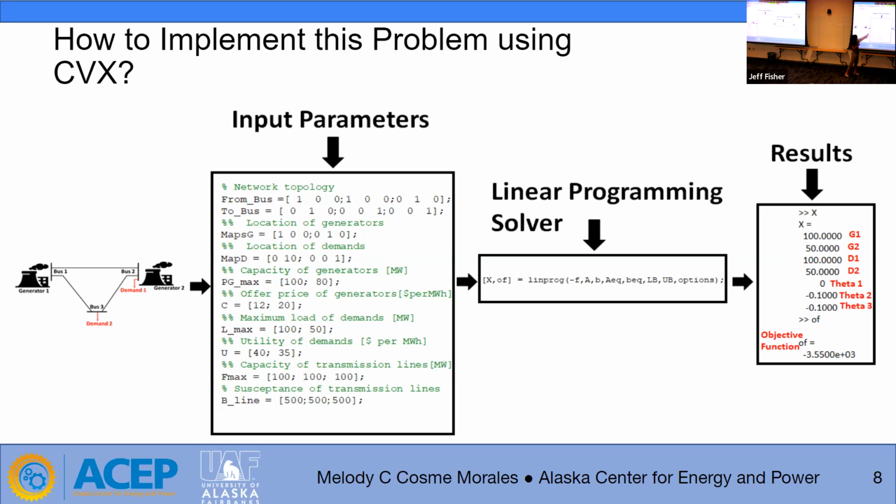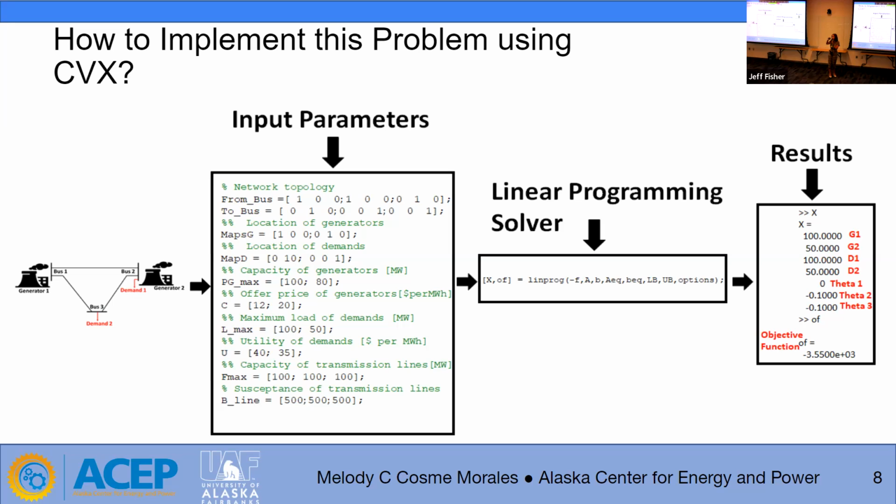As we can see here, G1 has a maximum capacity of 100 megawatts, and G2 has a maximum capacity of 80. We also have the offer prices of the generators, 12 and 20. We have the maximum loads of the demands, which in total is 150, and the utility of demands, the capacity of transmission lines, the substations, and the transmission lines.